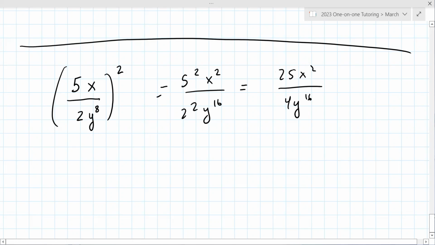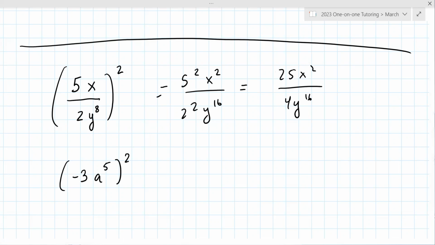Now, what do you think happens if we put a -3 in the top? I'll just keep it simple. Let's say it's -3a to the power of 5. What do you think happens when you square that -3? It would just stay negative, it would be -9.